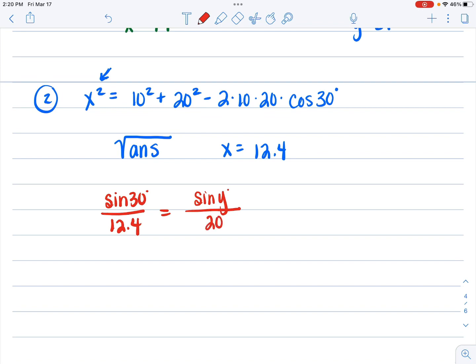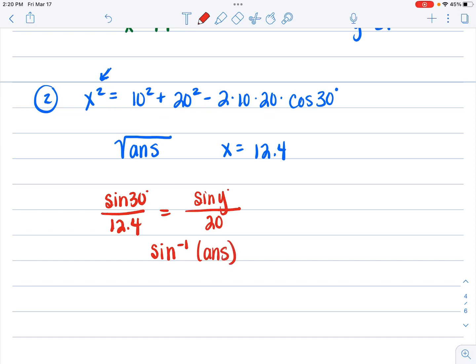Just using the law of sines, which again we know is super duper easy, a lot shorter. So 20 times the sine of 30, which actually happens to be exactly 10, divided by 12.4. And you do get a long decimal again. And just like every other time I'm looking for an angle, I'm going to do the inverse sine of my answer.